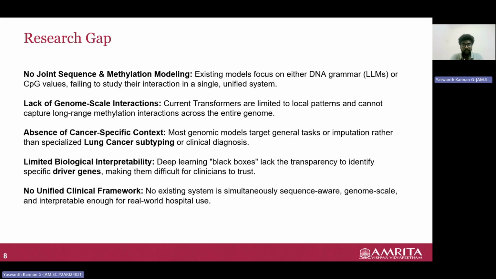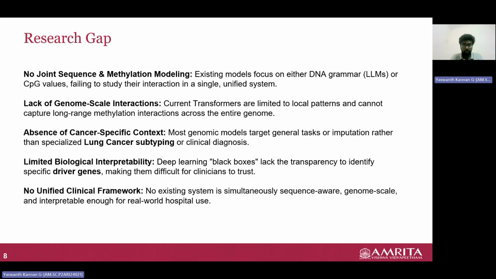Second, there is a lack of genome-scale interaction modeling. Many models capture only the local relationships between the CpG sites, but fail to learn the long-range dependencies across the whole genome, which is also biologically important.